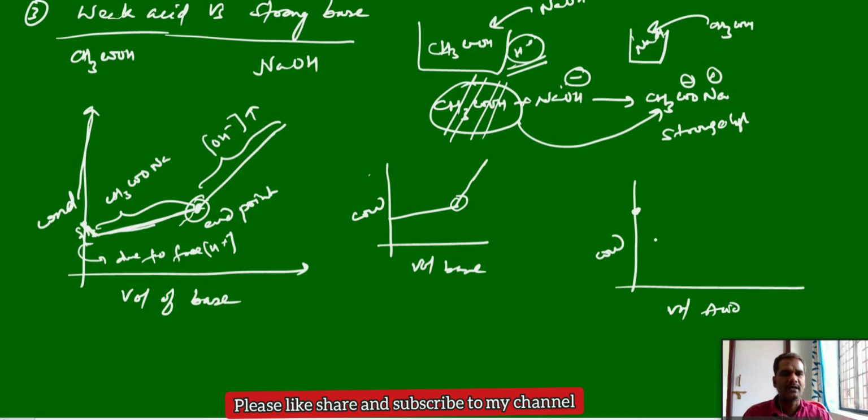And as you add acetic acid, the conductance value decreases slowly. Again, like the previous strong acid versus weak base graph, the same graph you will get. The conductance decreases and then is almost constant. And this is the weak acid versus strong base graph.